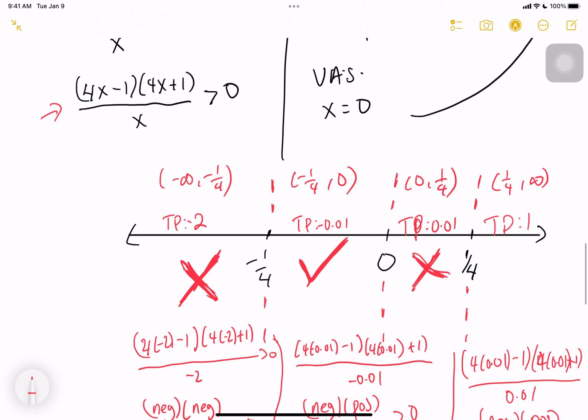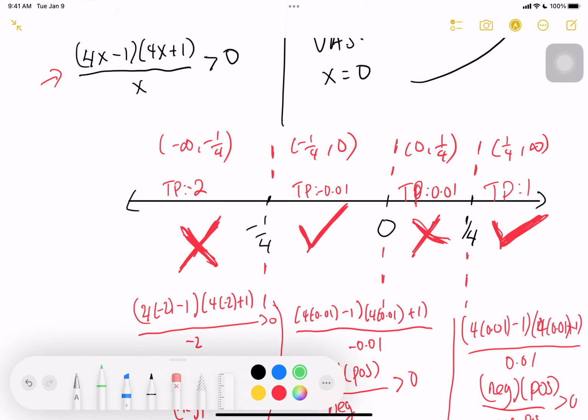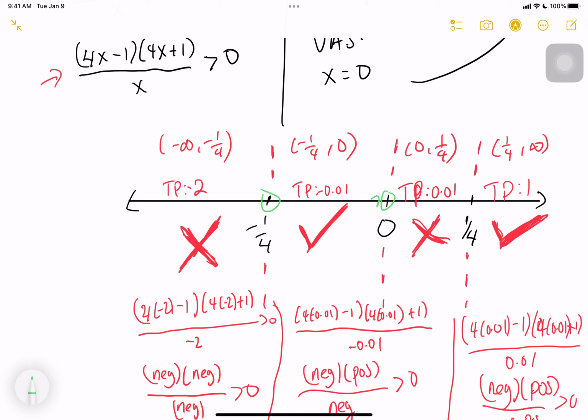And so this is a check mark. And so my solution, open circles. Solution is negative 1/4 to 0 union 1/4 to infinity.